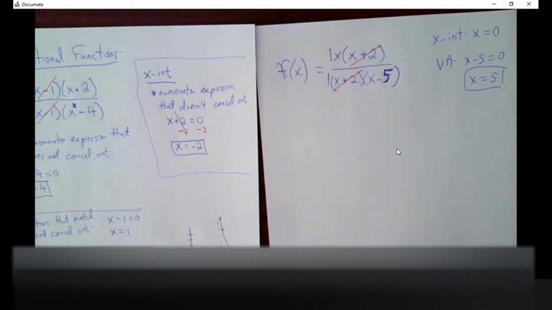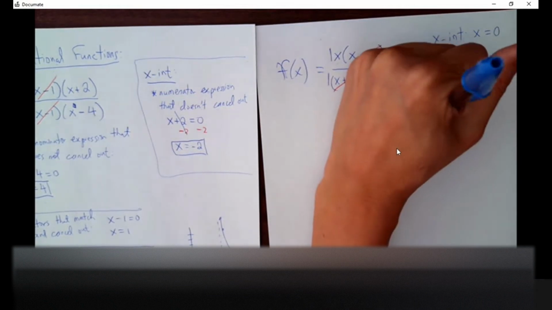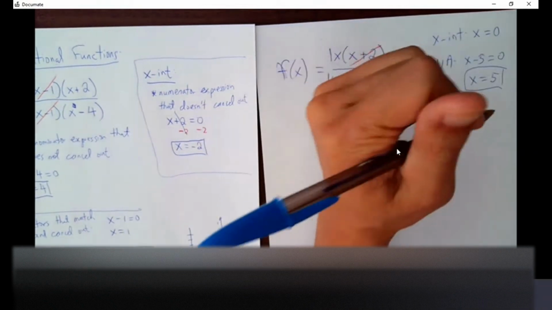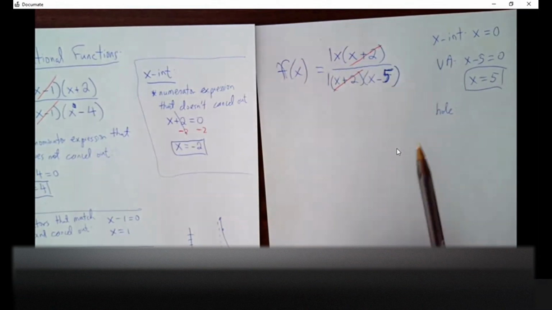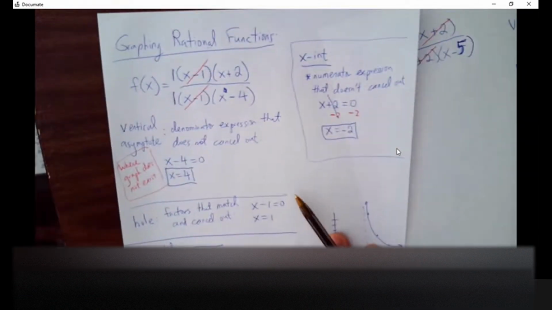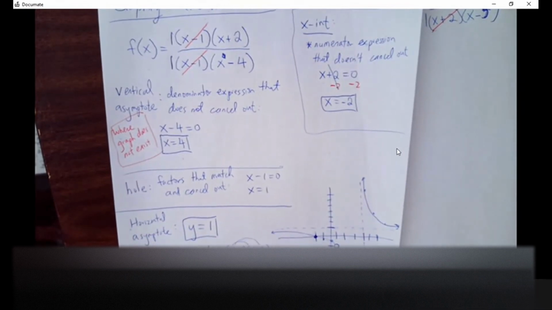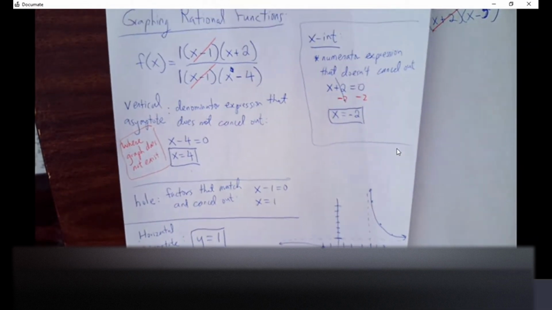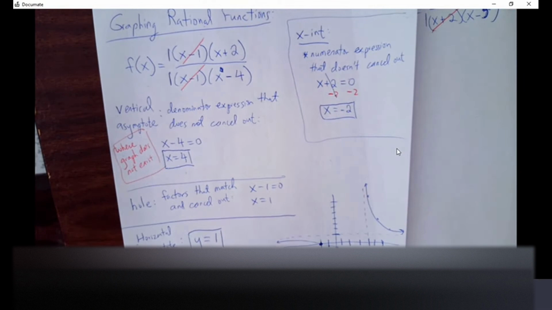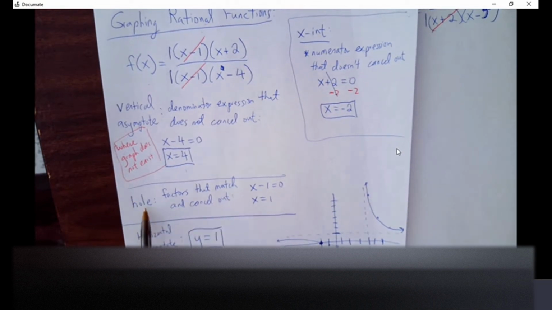And then the hole is 1? Or would it be 0? Yeah. How do we find the hole? If it's in front of the X intercept. How do we find the hole here? We factored out.